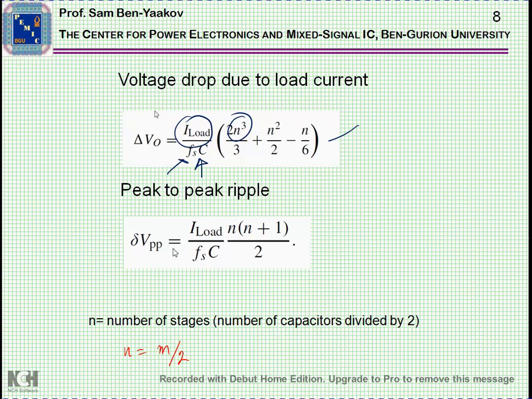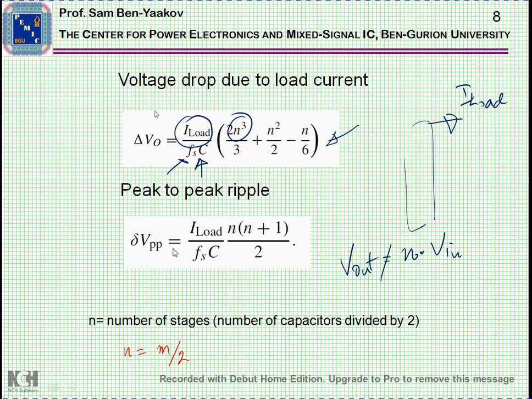So this equation says that if you load this structure with a certain I load, you will have a voltage drop. That is, you will not get N stages times V in. This will not be the case.